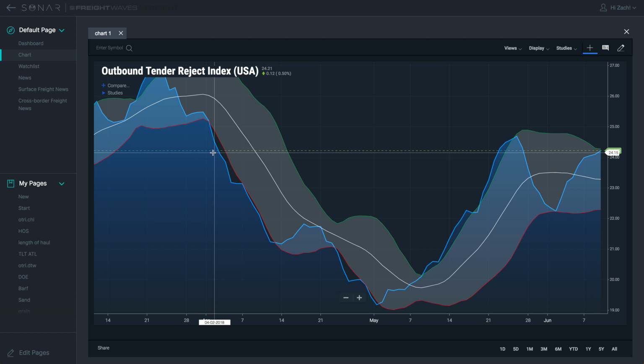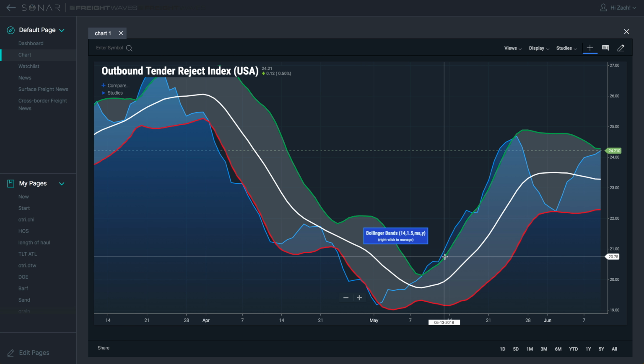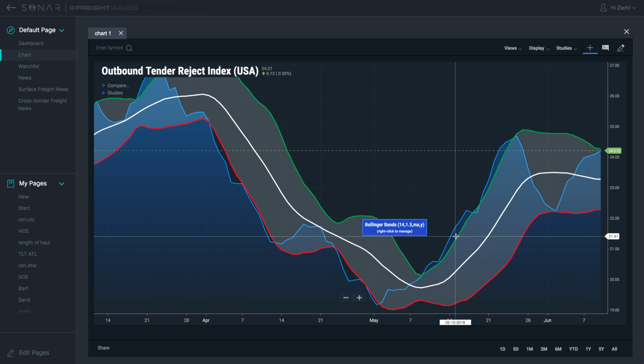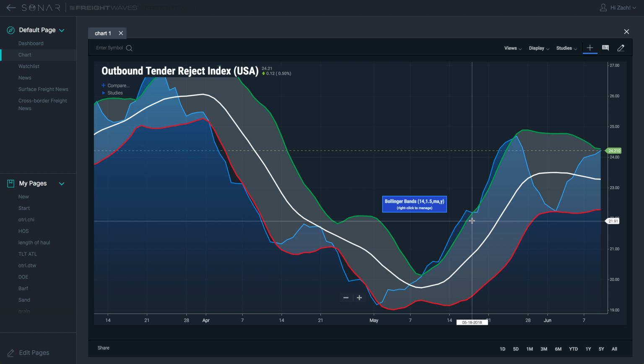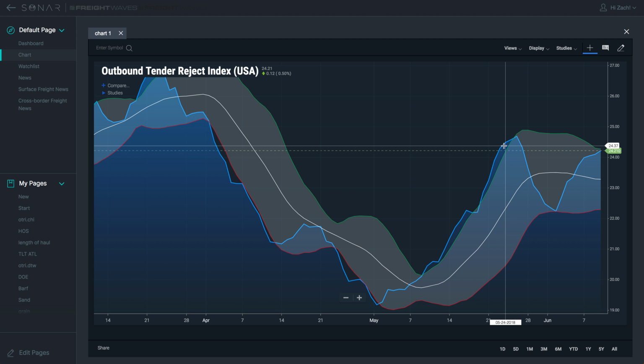When it's moving down, as you see here around mid-April, it means that the market is moving towards stability, so you're probably not going to see a lot of activity on the spot market. And when it moves up, as we're seeing right now, and it's poking its head out of the green line, it means the spot market is probably a place that people are starting to play a lot more in. That means higher rates in general, and that is what's happening in the country right now.